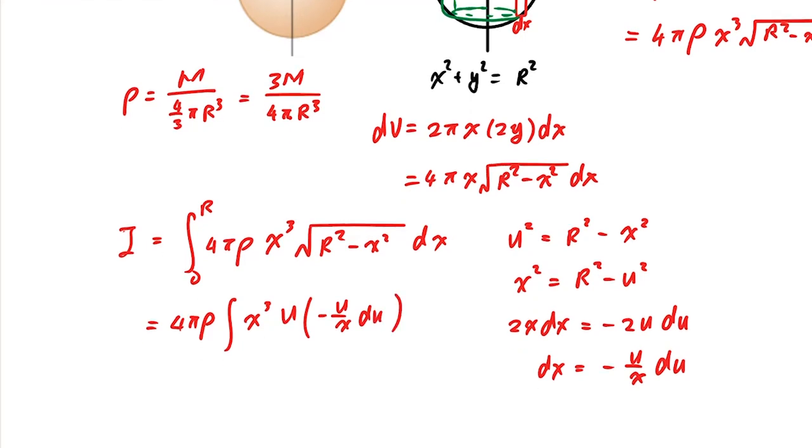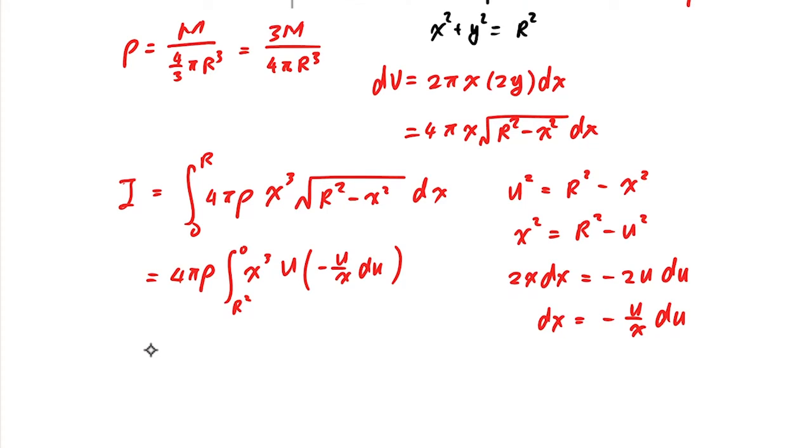With me? Now we have to change the limits of integration. So when x is equal to 0, my u is equal to r squared. When x is equal to capital R, my u becomes 0. Good. Okay, let's see what we got.